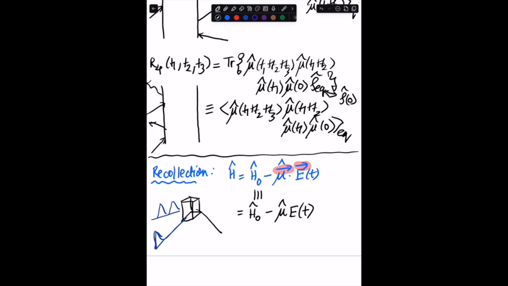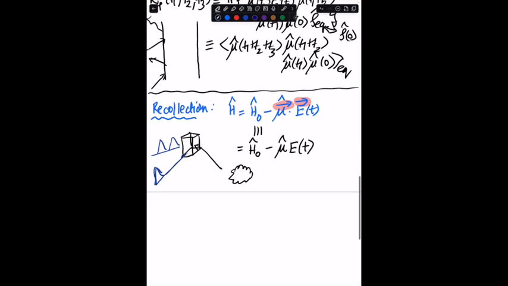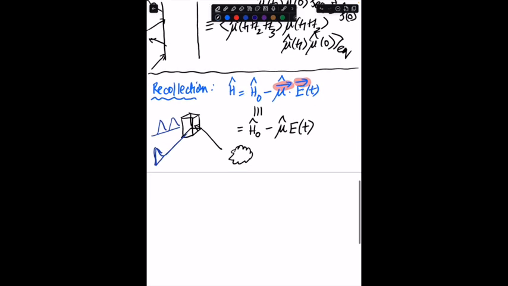So within this matter system, you have chromophores, which can be either electronic or vibrational, or maybe some other degree of freedom, and they interact with a bath, which could include molecular vibrations in the case of electronic spectroscopy, or some other vibrational degrees of freedom which are not of interest in vibrational spectroscopy.